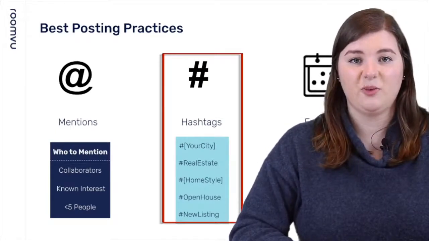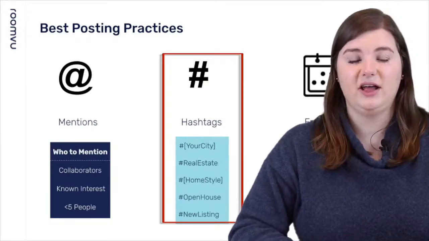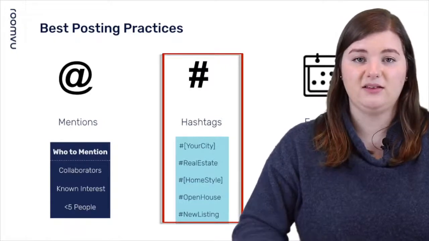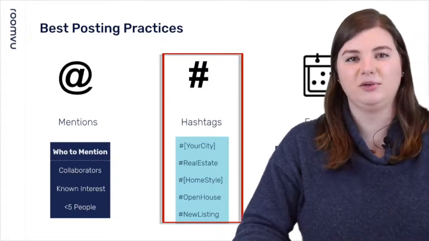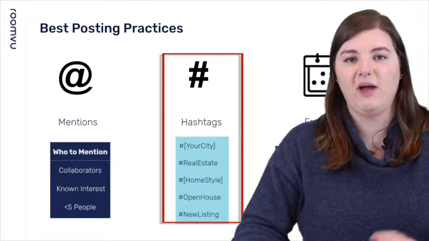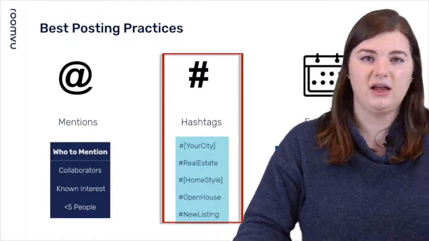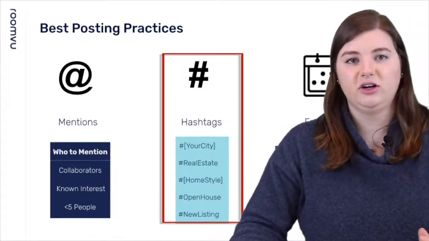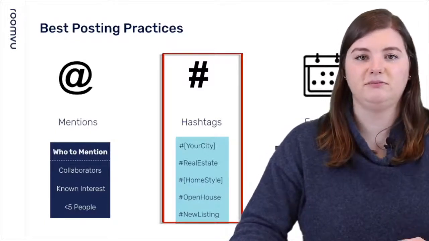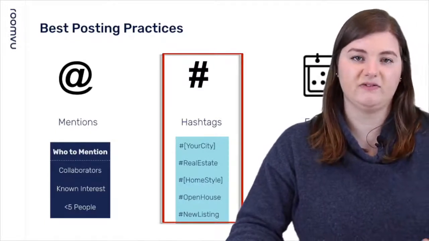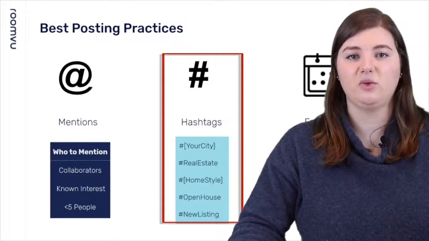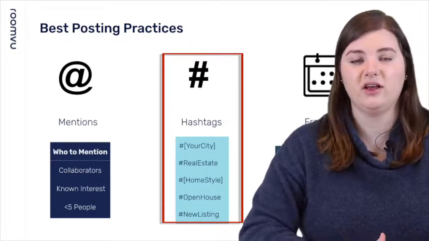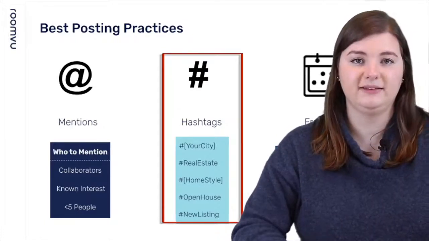So essentially, they're a way for your post to be discovered by a larger audience. And some of the kind of classic examples are, hashtag your neighborhood, your city, hashtag realtor, home style, open house, luxury listing, all of these sorts of things. And so while these are general suggestions, hashtags are changing all the time with the trends.